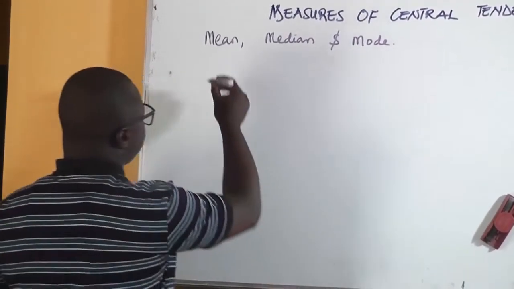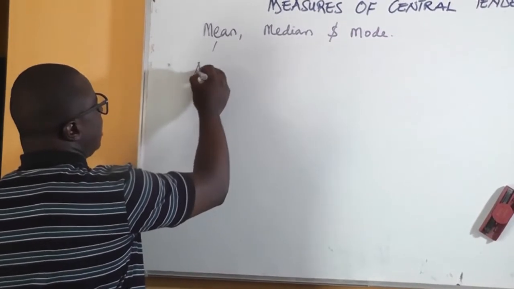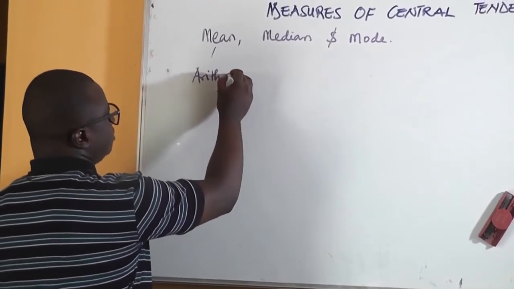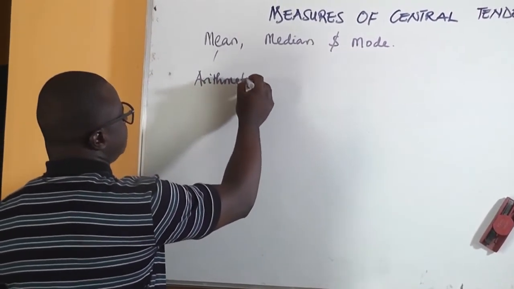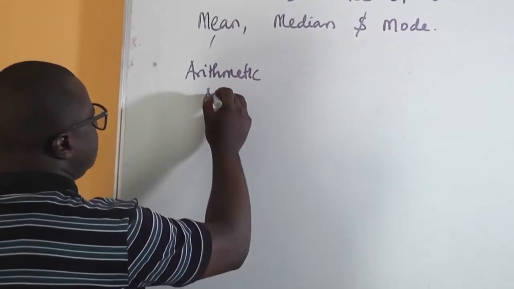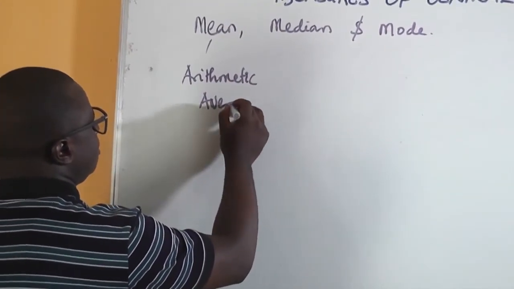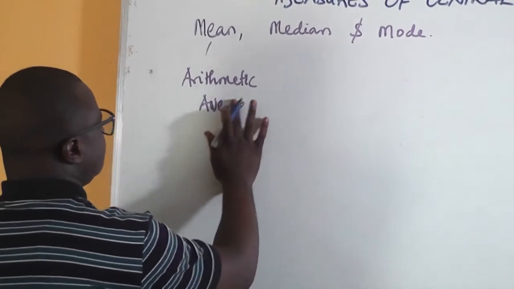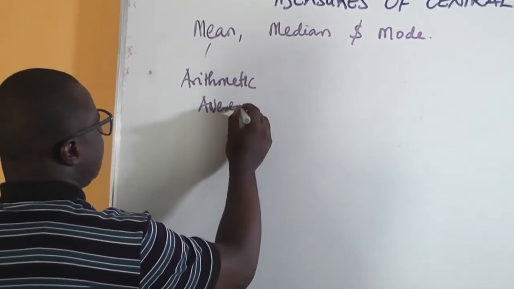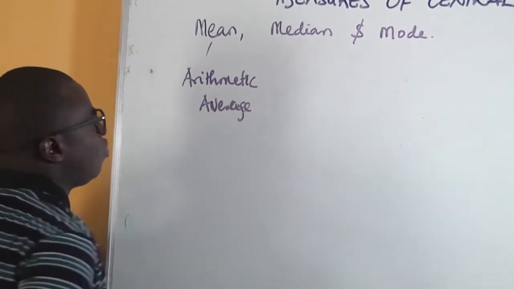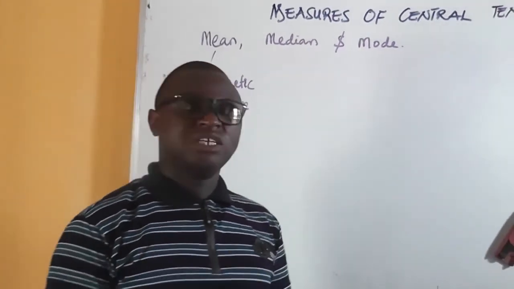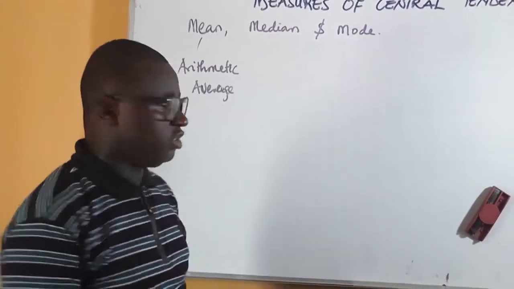By definition, mean is the arithmetic average. While the median is usually the middle observation in a distribution.